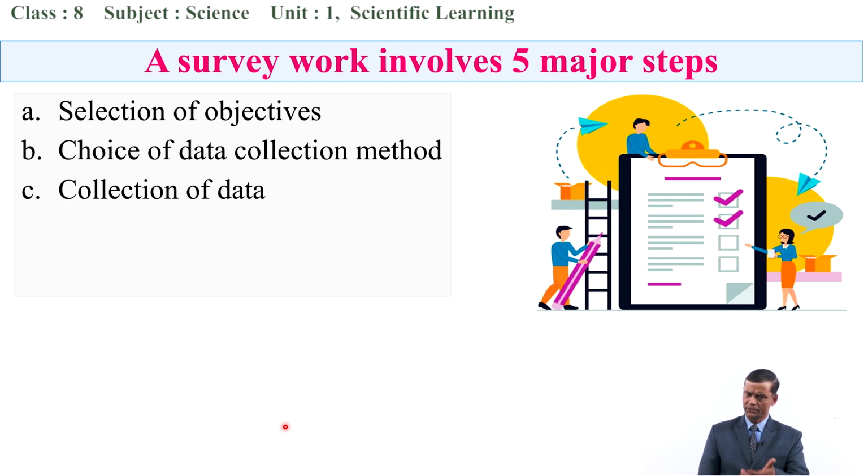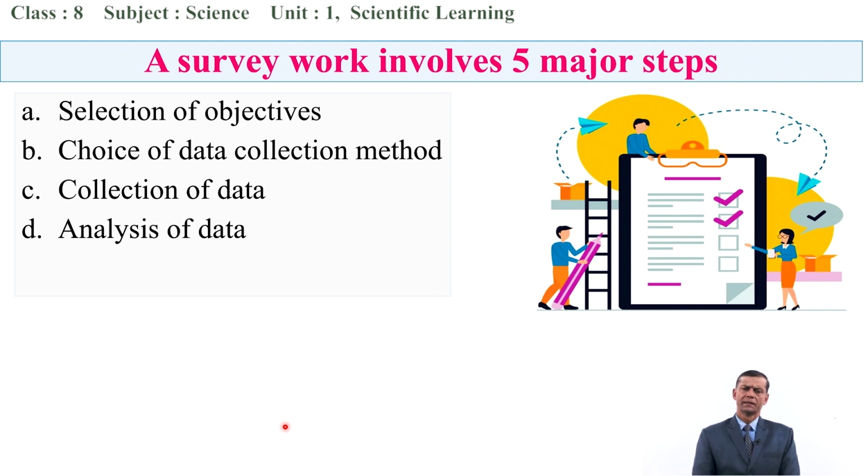After choosing the appropriate methodology, appropriate technique, we should collect the data on the survey. Then analysis of data, isn't it? We should interpret and analyze data. Then we can draw the conclusion. Yes, following these 5 steps, we can complete one survey work.